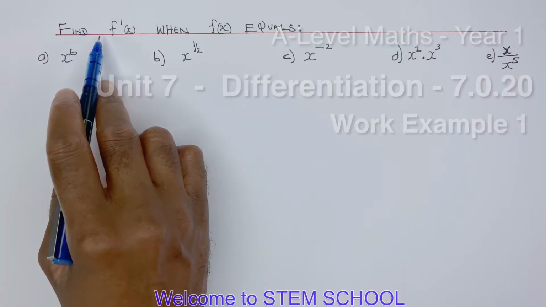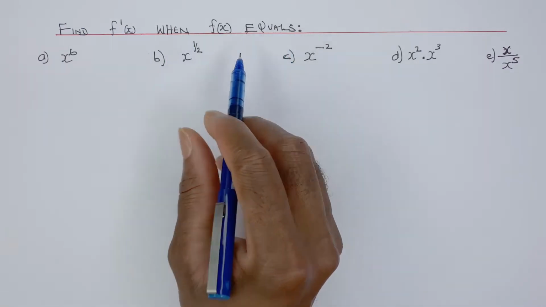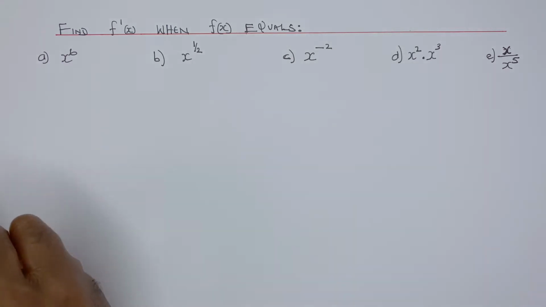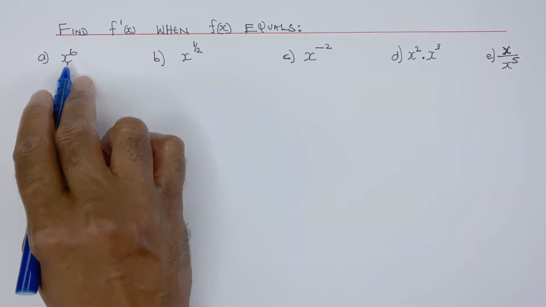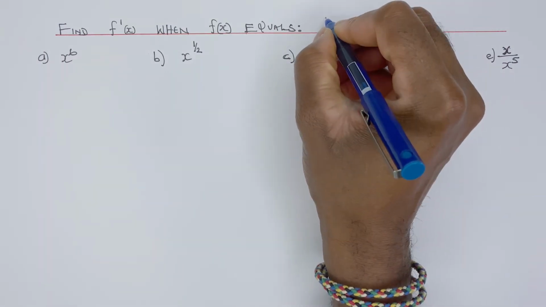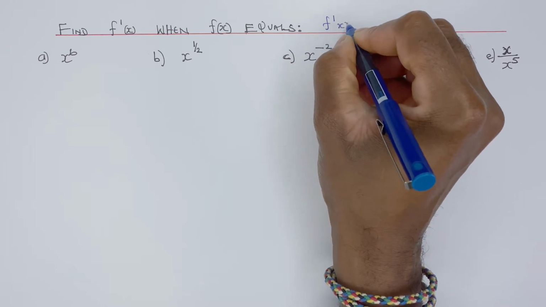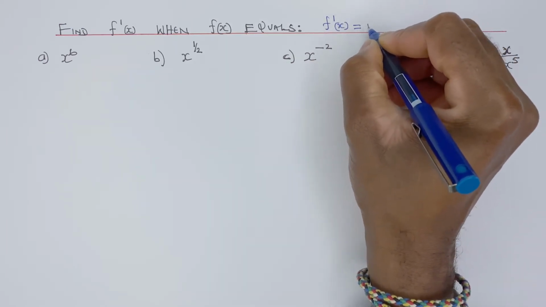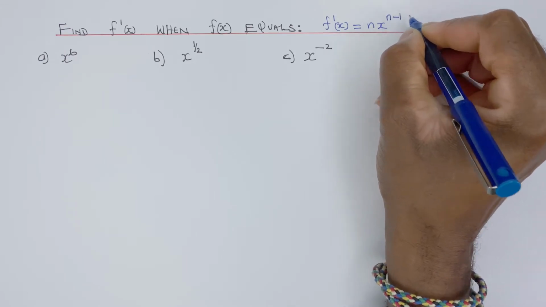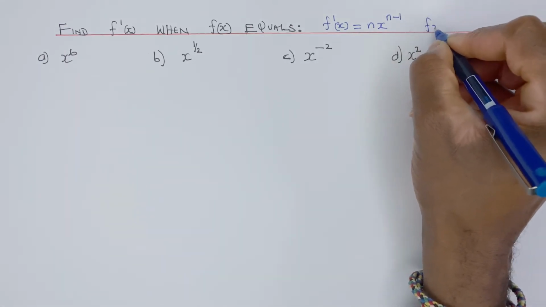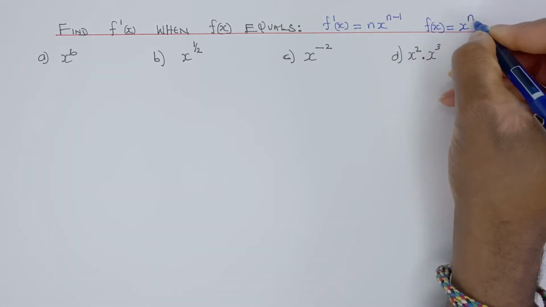Find the derivative f dash x when f of x equals x to the power 6. Well, in order to find the differential of that, we'll be using the rule that f dash x equals n x to the power n minus 1 if f of x equals x to the power of n.